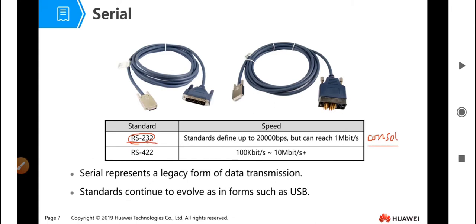The serial line does not define the physical connectors. So the widely used connectors for serial lines are DB9 or DB25.